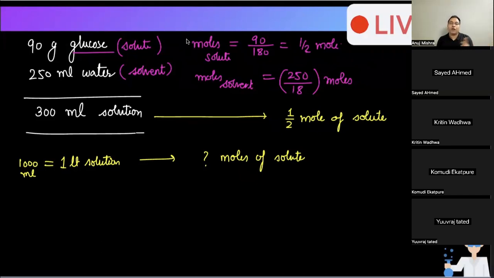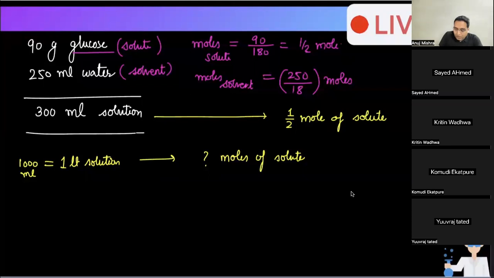300 has half mole. So 1 will have half by 300. So 1000 will have half by 300 into 1000. Can you do the maths and get the final numbers? Let's try. Very good, Vaibhav, Aridhi, Aradhana. Aradhana has given the answer also, 0.16. Let us check.